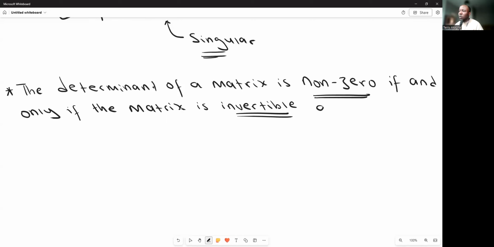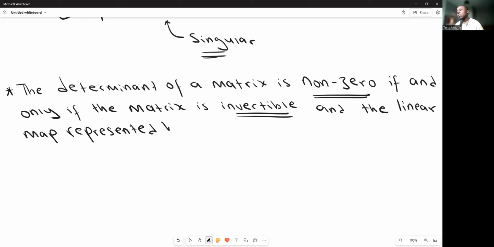And also we need to know that the linear map represented by the matrix is an isomorphism.